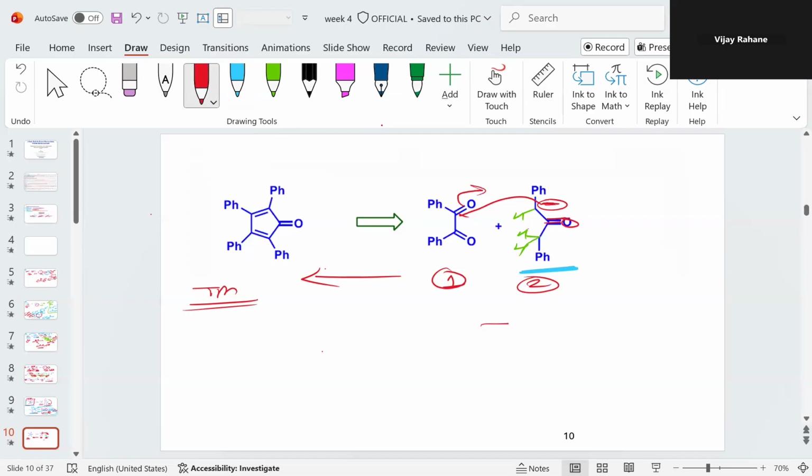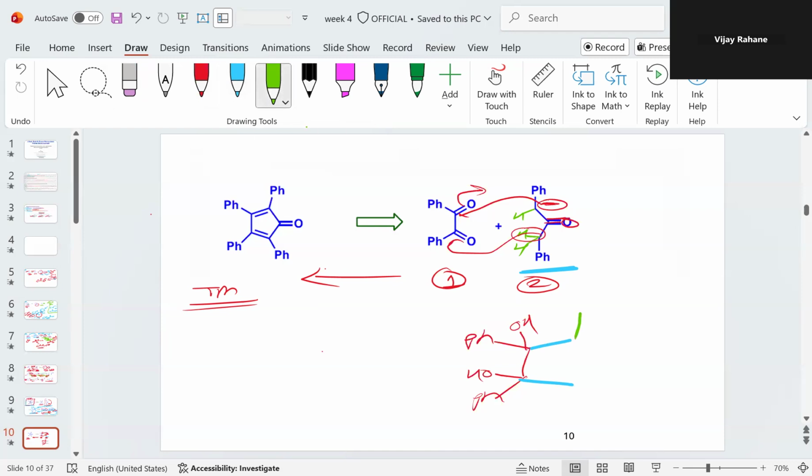From the other side this can also happen, and basically it will give this sort of intermediate. Ph, it has the OH here, also has the OH, and this is the newly formed bonds.